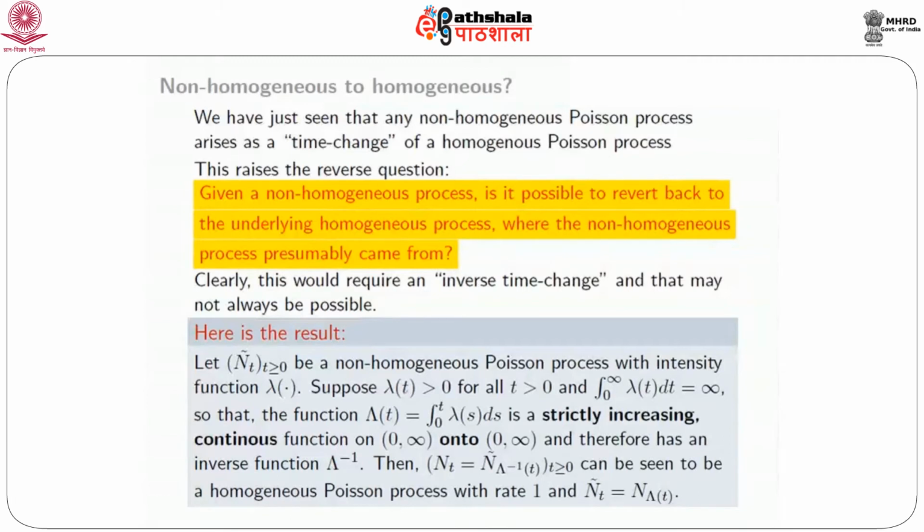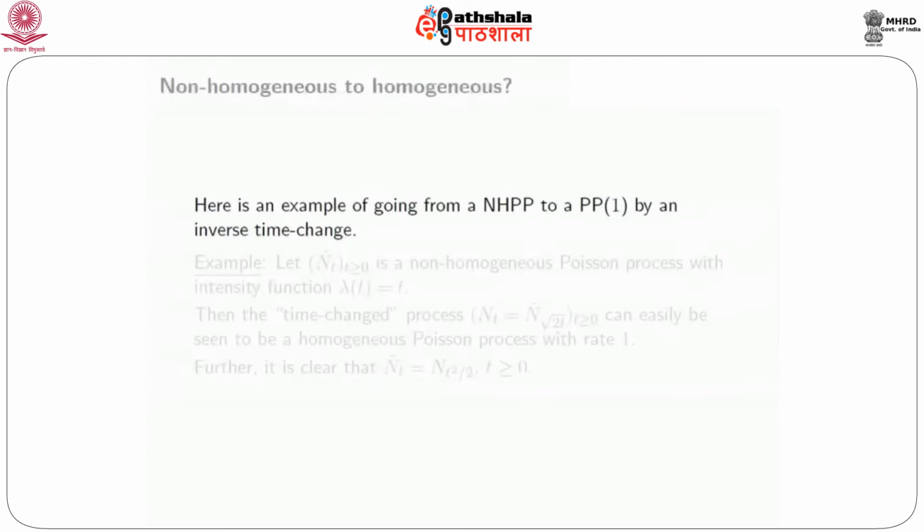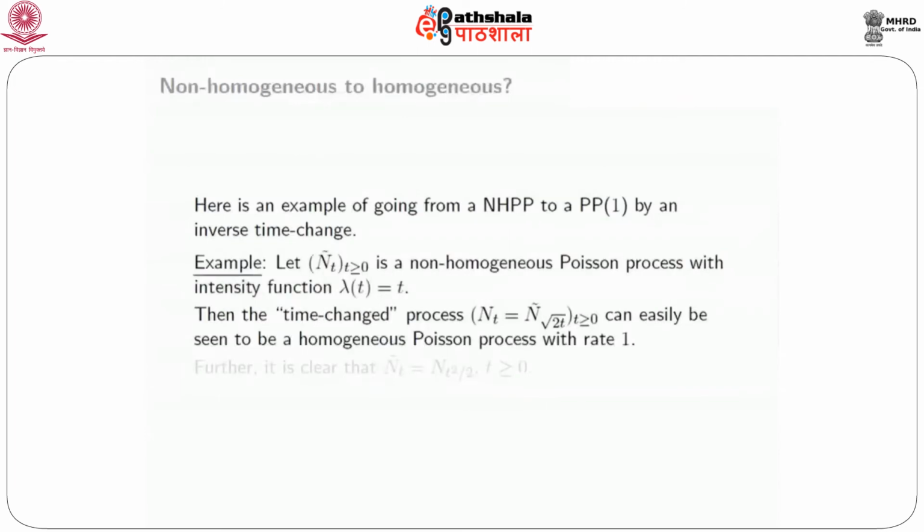Here's an example of going from a non-homogeneous Poisson process to a Poisson process with rate lambda by an inverse time change. Let N tilde t be a non-homogeneous Poisson process with intensity function lambda t equal to t. Then look at the time change process N t equal to N tilde evaluated at root 2t.